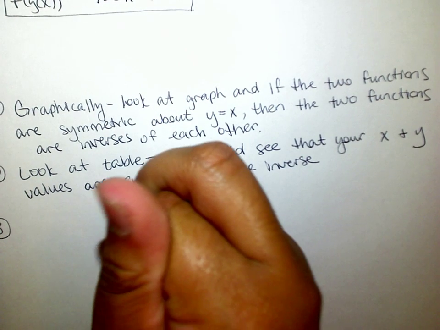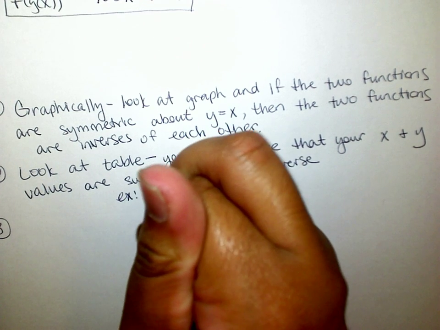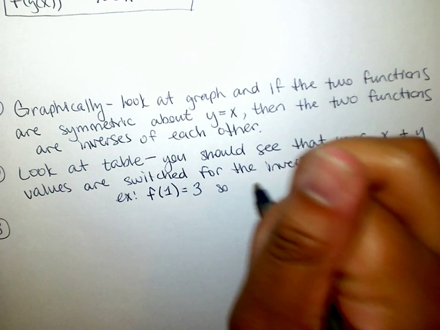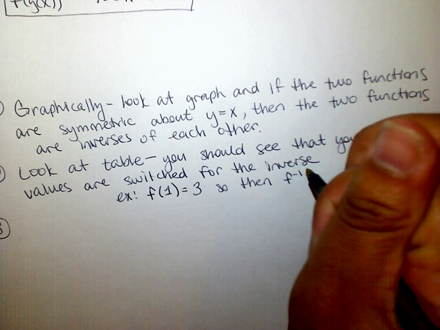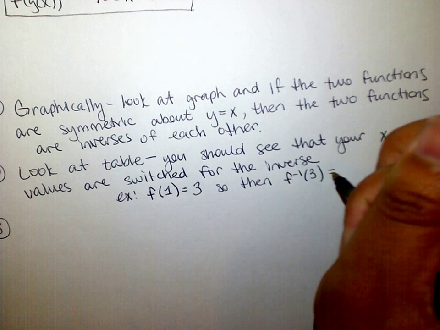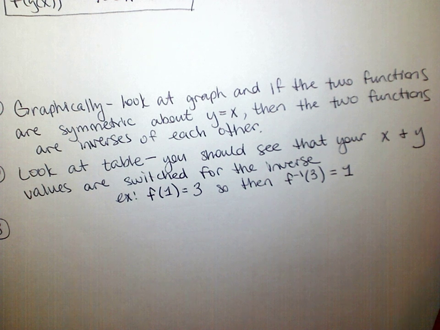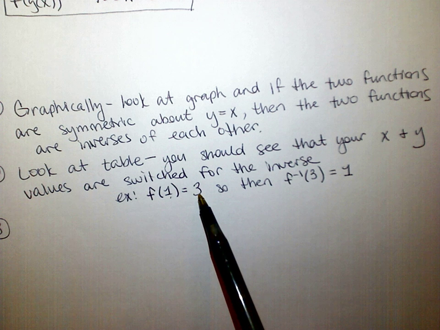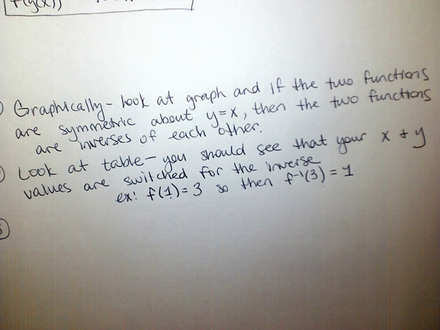For example, f of 1 equals 3, so then f inverse of 3 should equal 1. So your X and Y values are switched. This ordered pair would be (1, 3), and this ordered pair would be (3, 1). So the X and Y is switched.